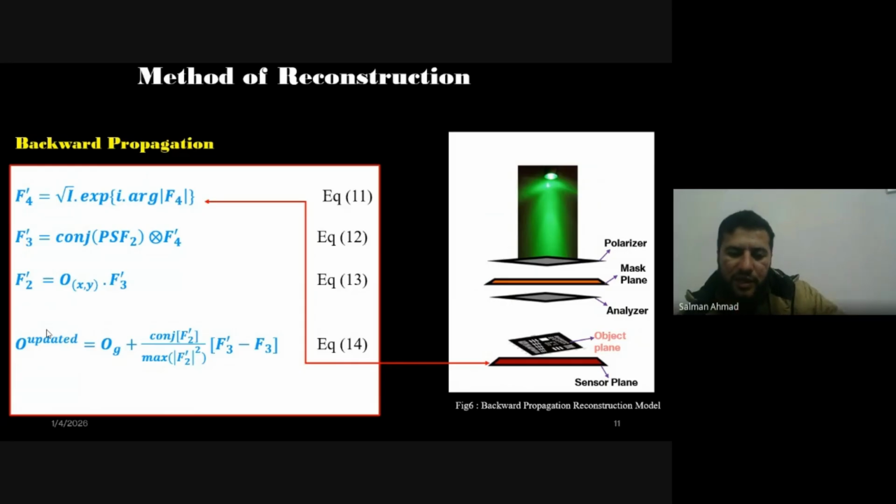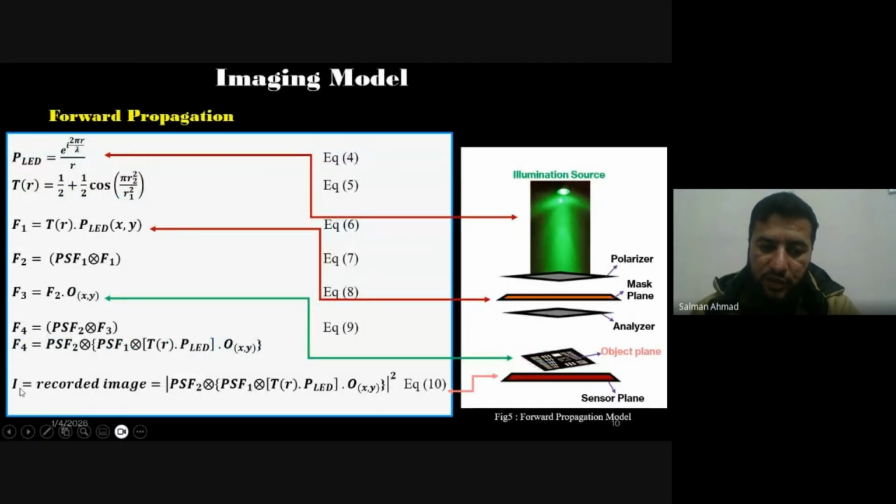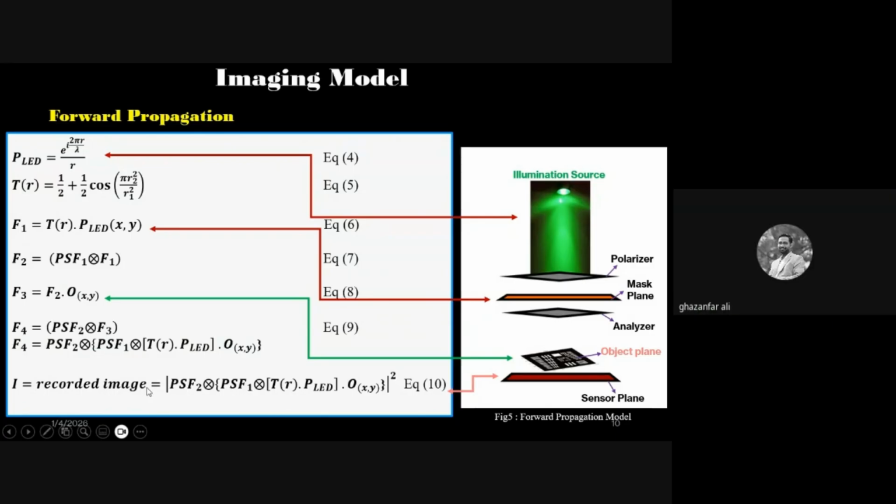We apply the compressive sensing iterative algorithm in MATLAB, and the image is then highly resolved, and each part is clearly visible compared to the normal image, which is what we actually recorded. Means you want to say, in simple words, that to increase the resolution we use the forward and backward propagation?